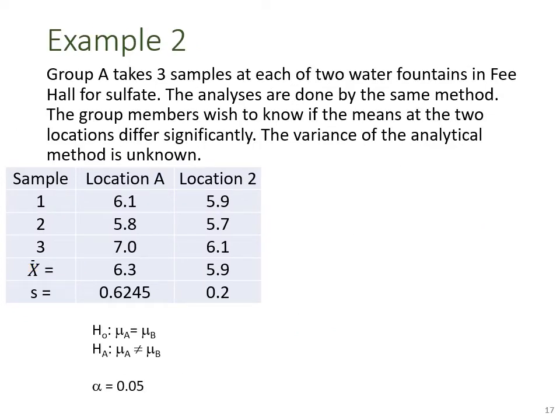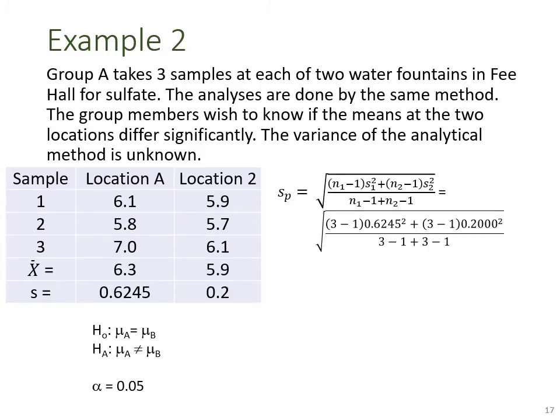So again, looking at the same problem, we just substitute into the equation for our pooled standard deviation, and we determined that the standard deviation is equal to roughly 0.464.